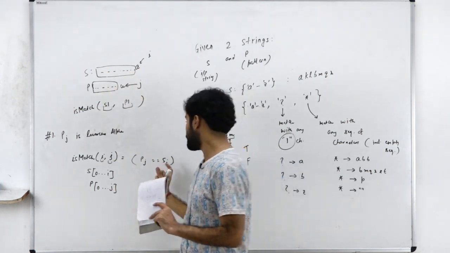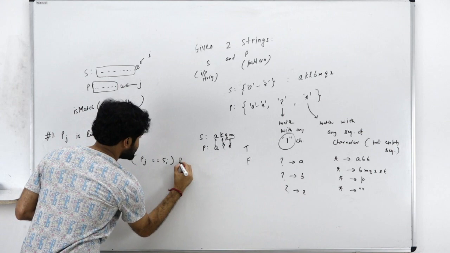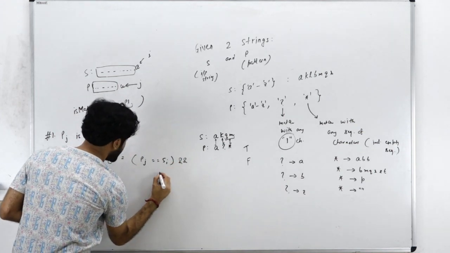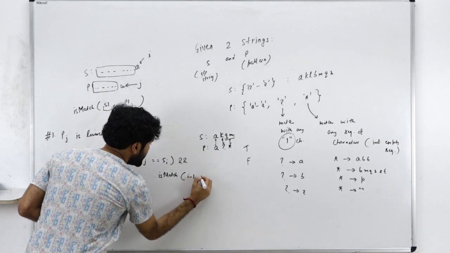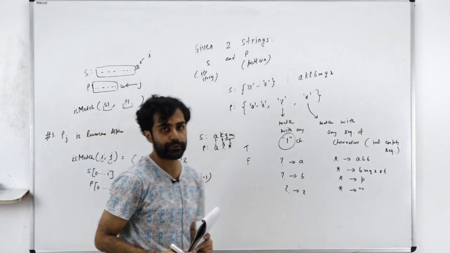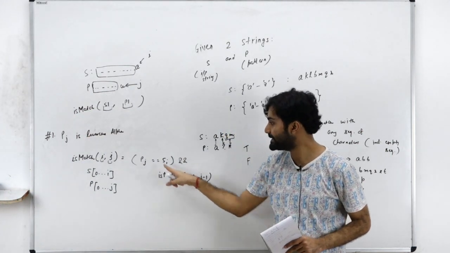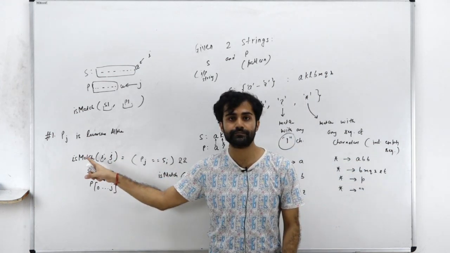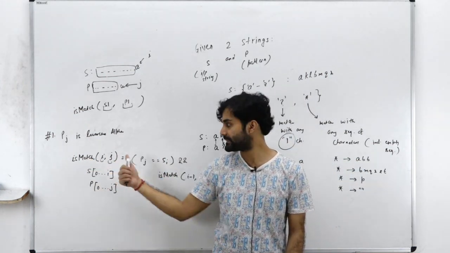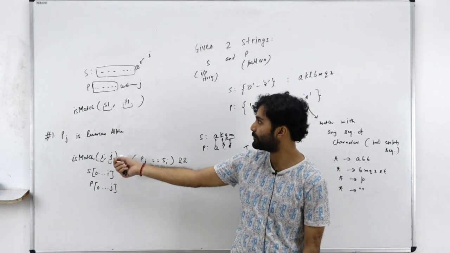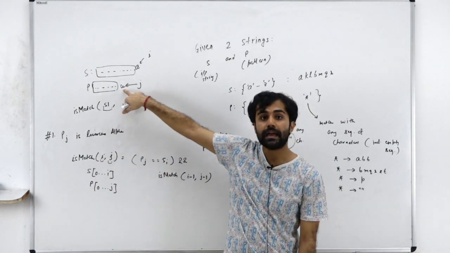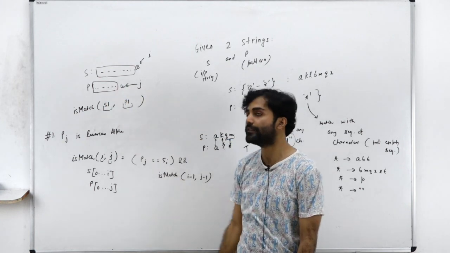So this is one condition that is needed, and another thing that should be true is that is match(i-1, j-1) should return me true. So only if both of these are true, then this thing would be true. Otherwise, this thing would be false, right? So this is the case when there is an alphabetical character at P[j].